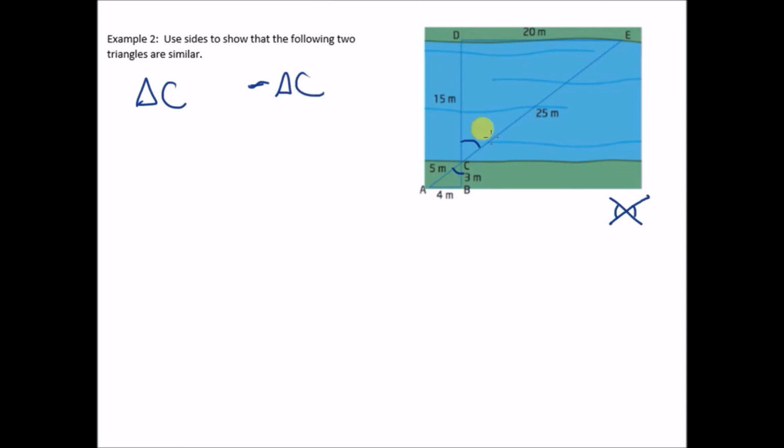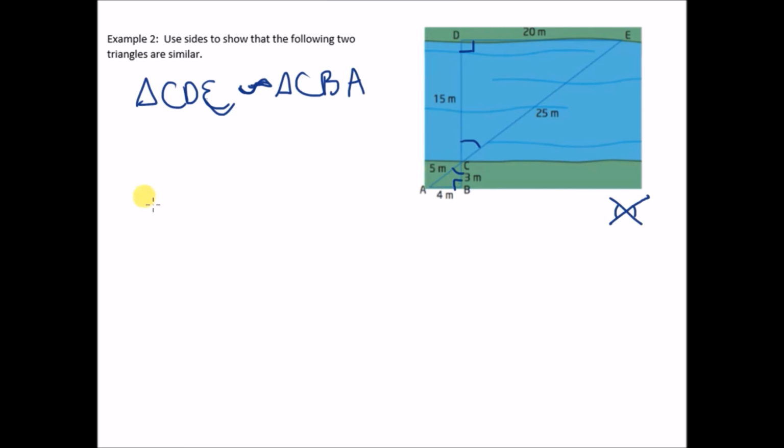Then let's go down to the 90-degree angle, which is D, but the 90-degree angle in the smaller triangle is B. So CDE, CBA. So triangle CDE is going to be similar to triangle CBA.